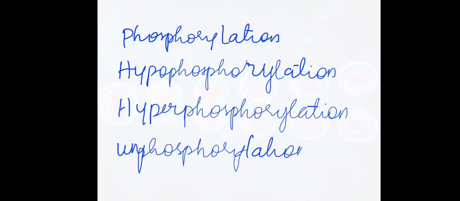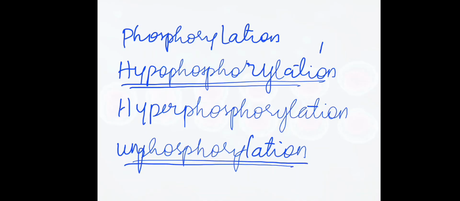So here there is another one, unphosphorylation. Unphosphorylation means removal or absence of phosphate group. Here unphosphorylation and hypophosphorylation are meant to be active.